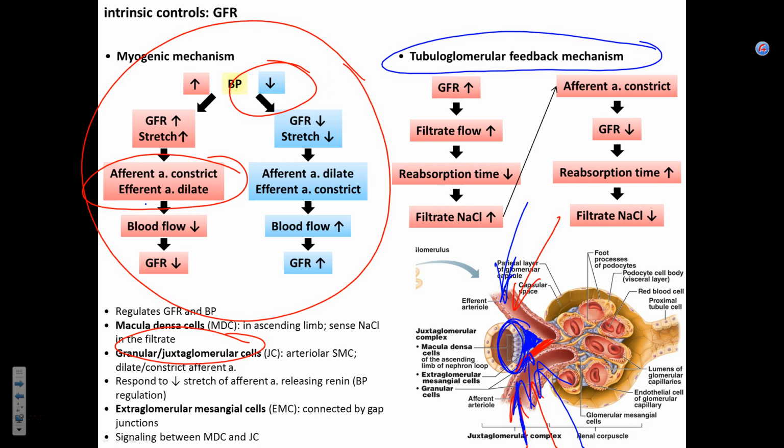Yep, it goes up. If more filtrate is formed here in the glomerular capsule, how does it influence the rate of the filtrate flow? It increases, right? Because more filtrate is formed. Now remember I told you about reabsorption. When ions are basically sucked back into the blood, if the filtrate runs faster, then reabsorption time will do what?